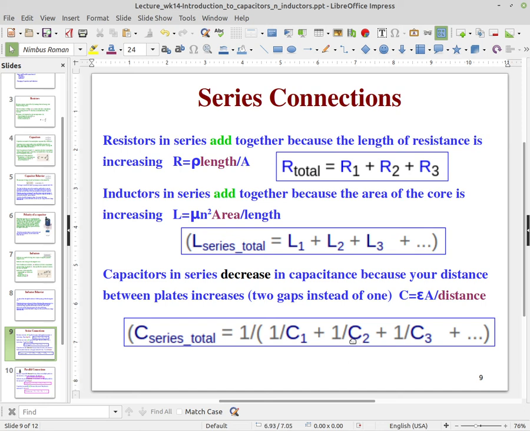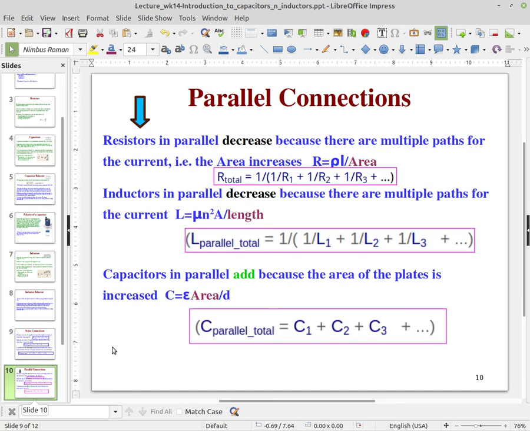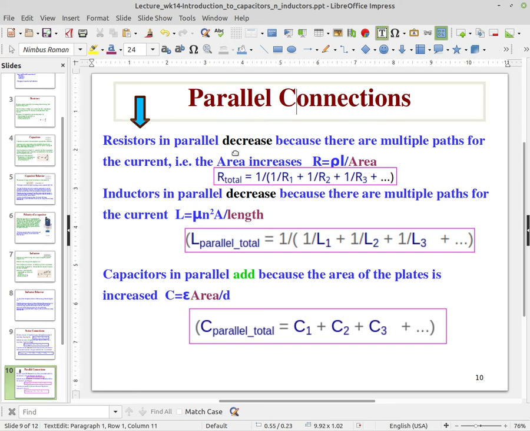And we've seen this same form of equation with parallel resistances, which we'll actually see over here. So if we look at a parallel connection, resistors in parallel, the resistance decreases as you have 1 over R1 plus 1 over R2 plus 1 over R3 and so on.